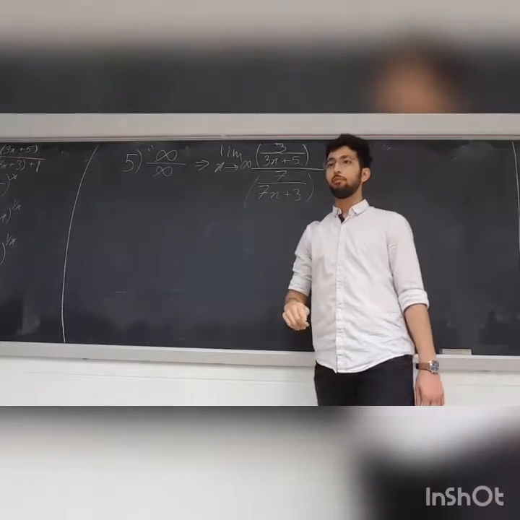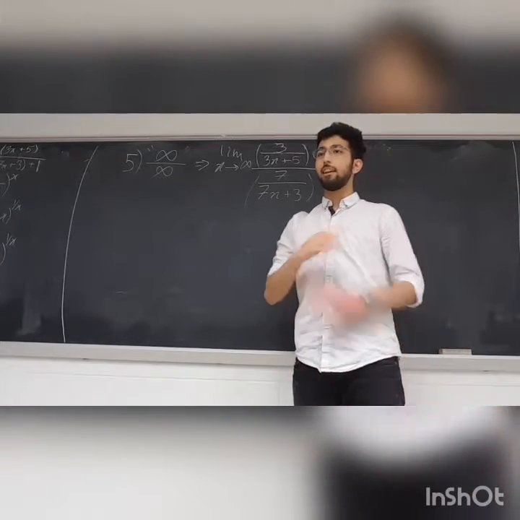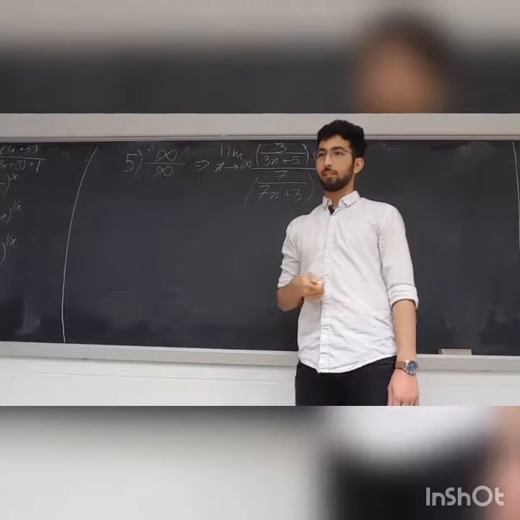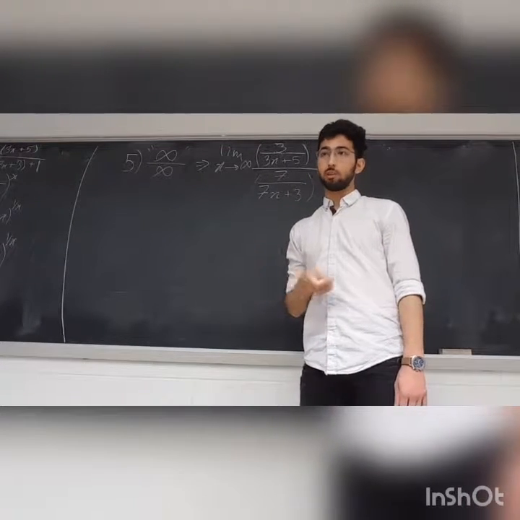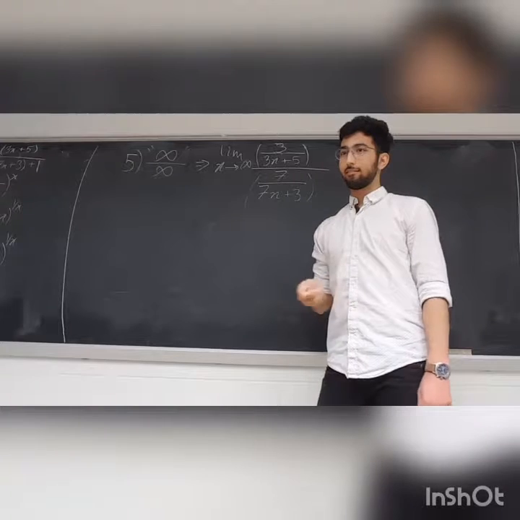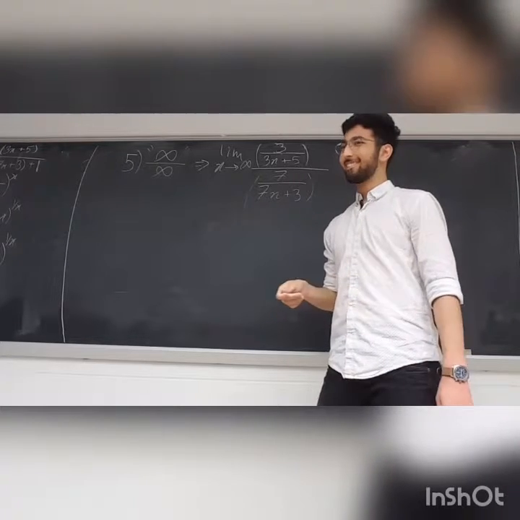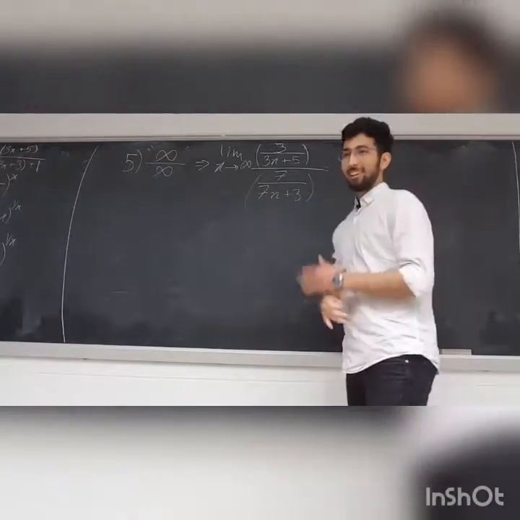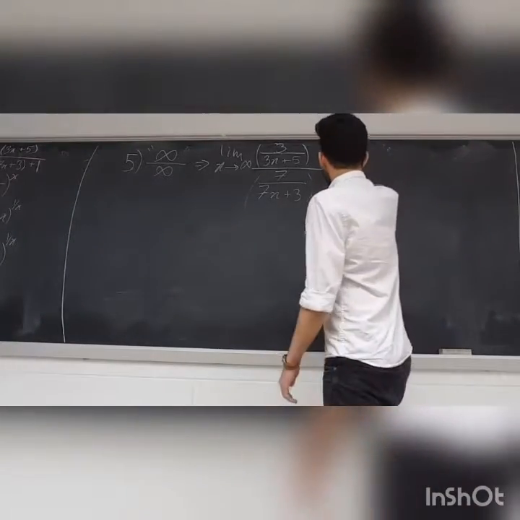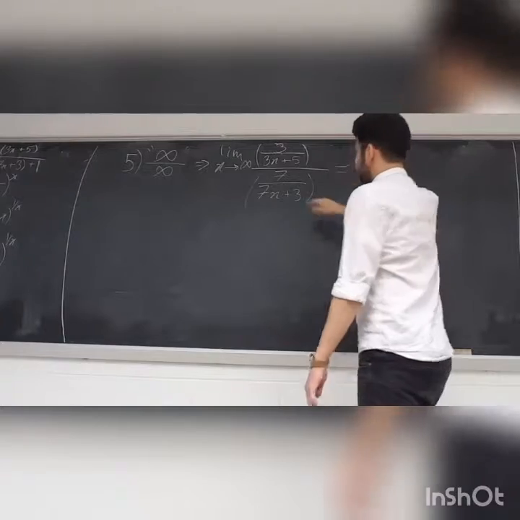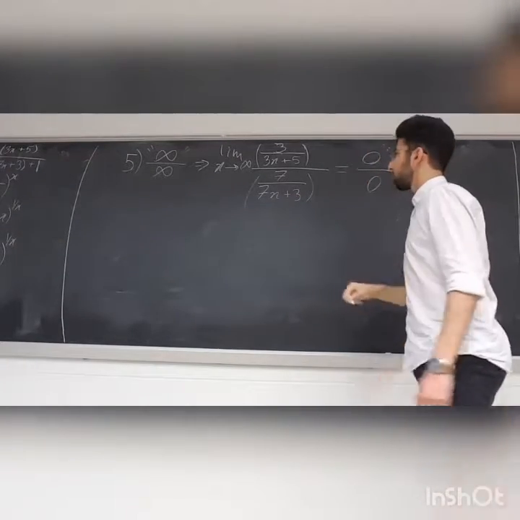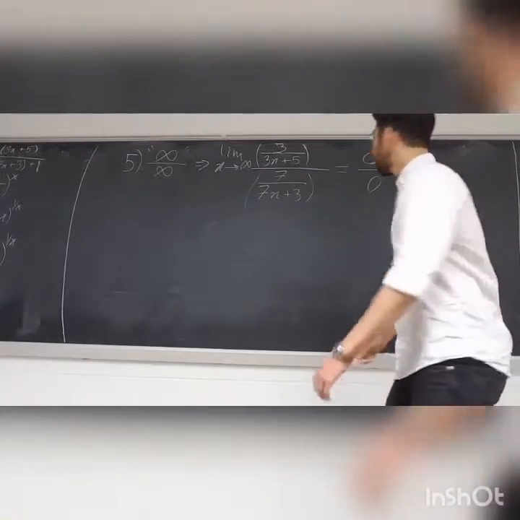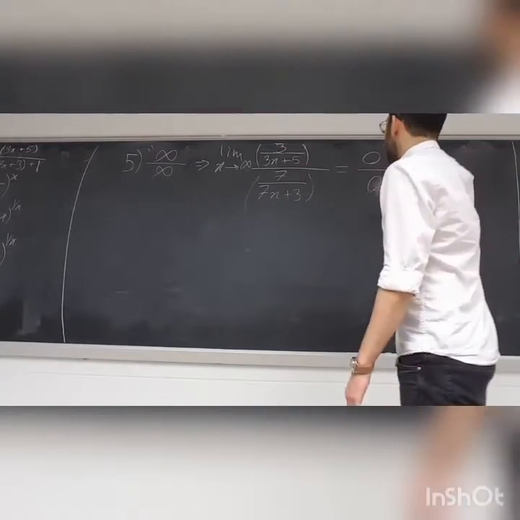If you have 1 pie and you divide it an infinite number of times, how large would each piece be? Very, very, very small, so almost negligible. So 0. And the same thing for the denominator, you get 0, because it's something divided by a very, very large number. All right, so you have 0 over 0.